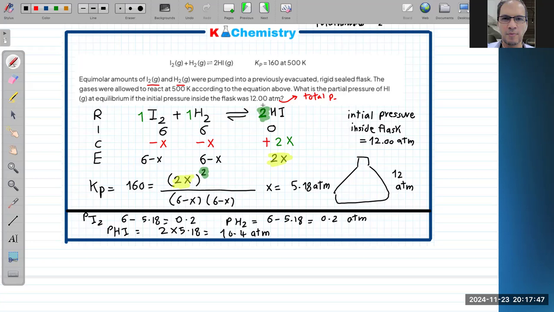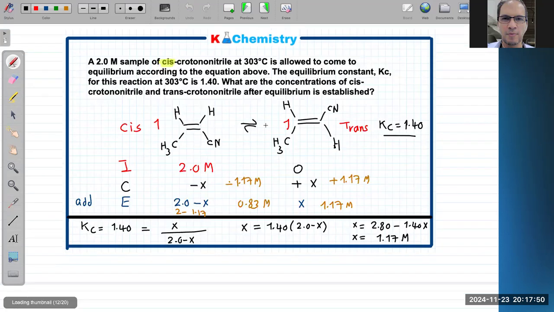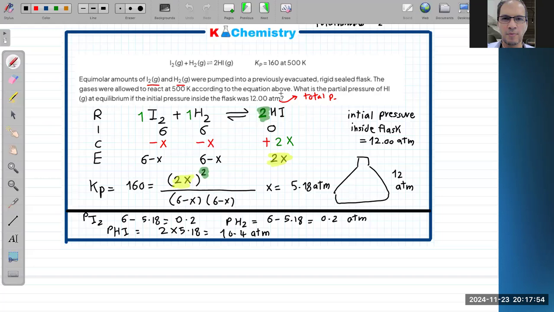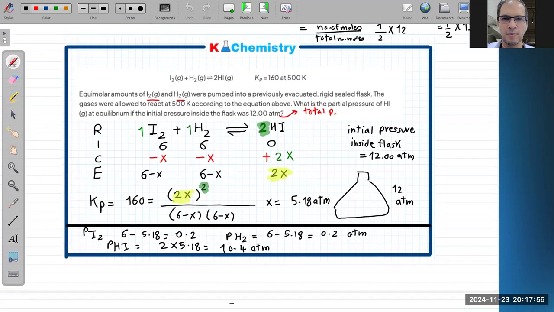Again, this was the same idea as the previous one, but that one was concentration and this one was pressure. In the exams, usually they link these two together. In the AP exams, they usually link the idea of partial pressures together with the idea of equilibrium. So this is a basic idea that always happens in the exam.